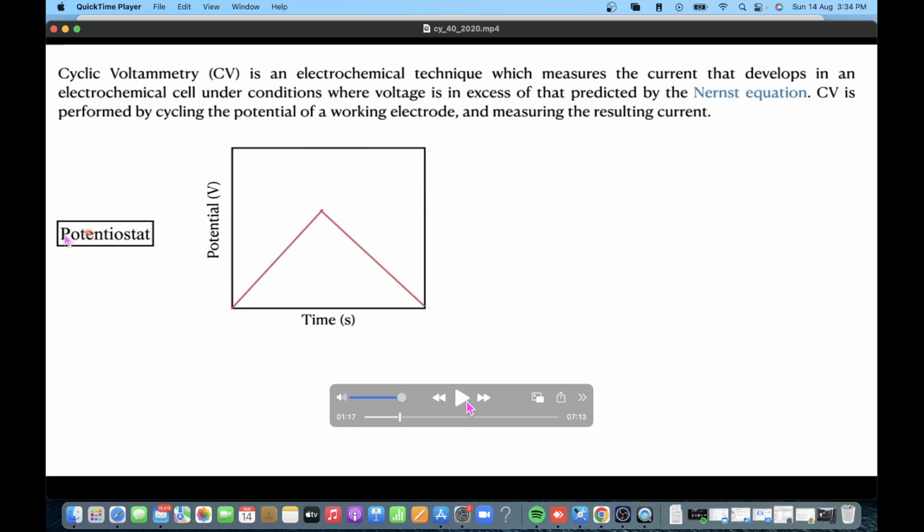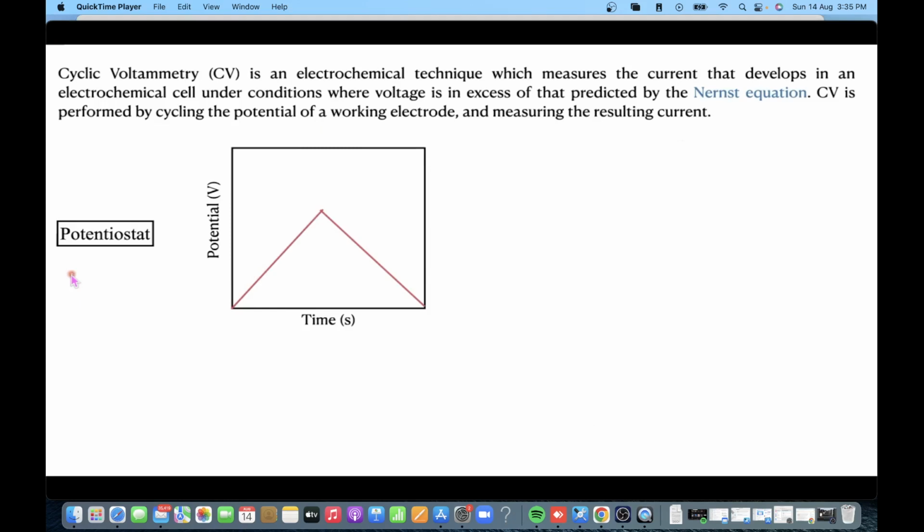So first we have a potentiostat. A potentiostat is an analytical instrument designed to control the working electrode's potential in a multi-electrode system.